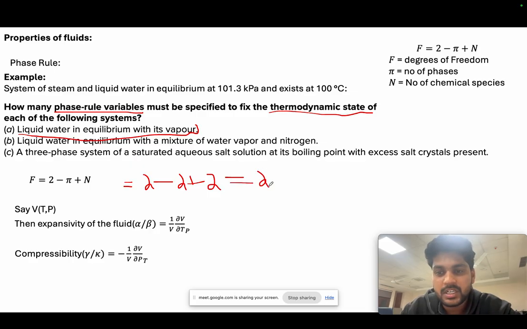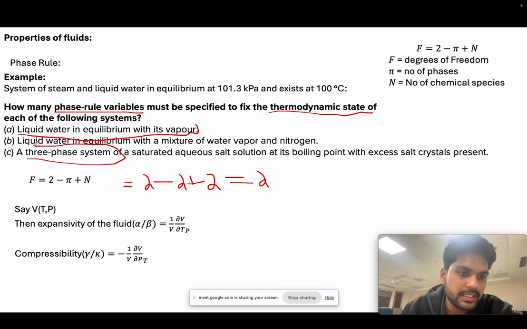So can you give me the answer for the third point? For the third one, there is a three-phase system.